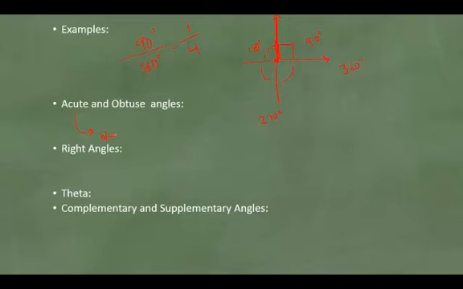So between 0 degrees and 90 degrees. An obtuse angle is an angle that's greater than 90 degrees, bigger than 90 degrees. So acute is between 0 and 90, obtuse is bigger than 90.